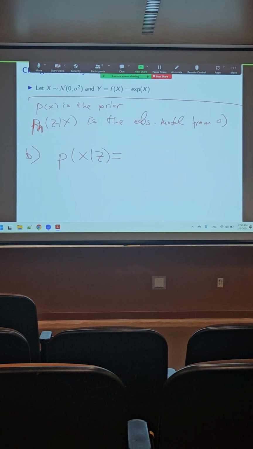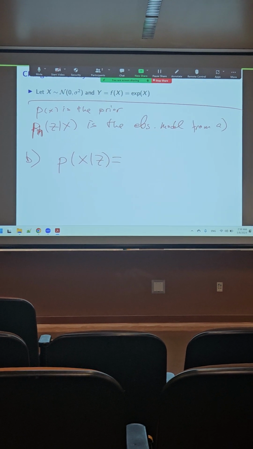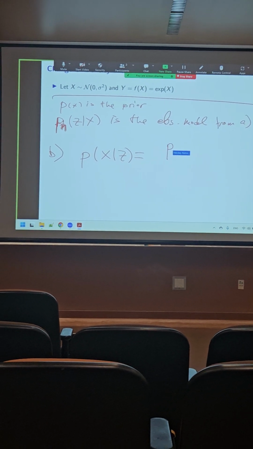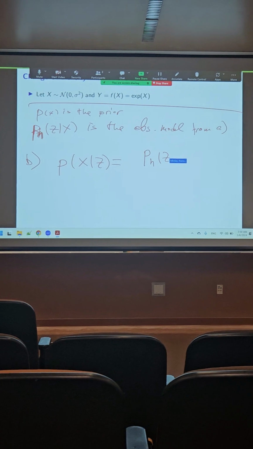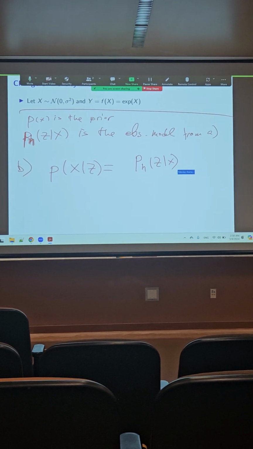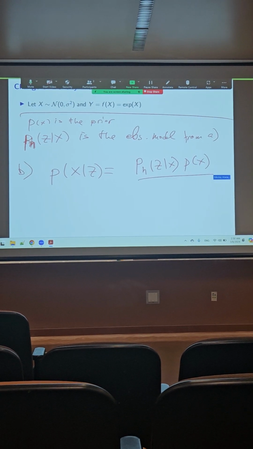So Bayes rule update step, what is it? p(z given x) times p(x). Yeah, so it's going to be p_H of z conditional on x times p(x), and we need to normalize.